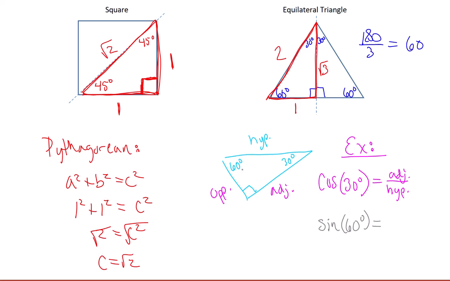But if I'm using 60 degrees, then the side across from it, which used to be the adjacent relative to the 30-degree angle, would now be the opposite. So the way we label the sides depends on which angle we're using. And if I'm using 60 degrees, then the side next to it, or touching it, would be the adjacent side. That side used to be the opposite, relative to the other angle, 30 degrees. But if I'm using the 60, then I call it the adjacent.